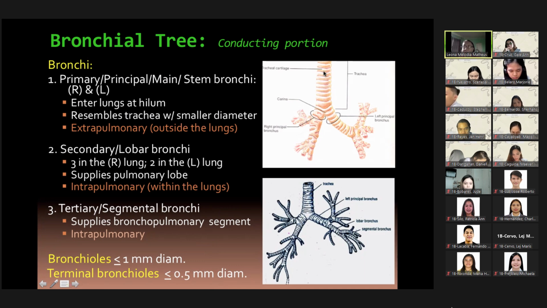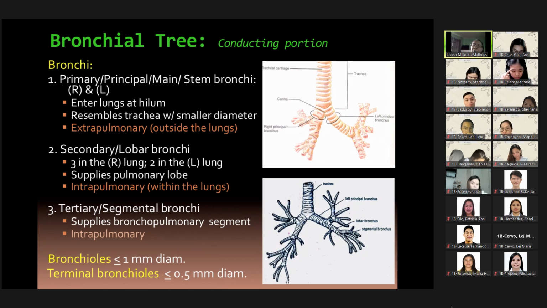After the trachea, the trachea will divide into two bronchi, as you can see, the right and the left bronchus. The first division is what we call the primary, the principal, the main, or the stem bronchus. Please note the names of the nomenclature. So you have two main primary bronchi.